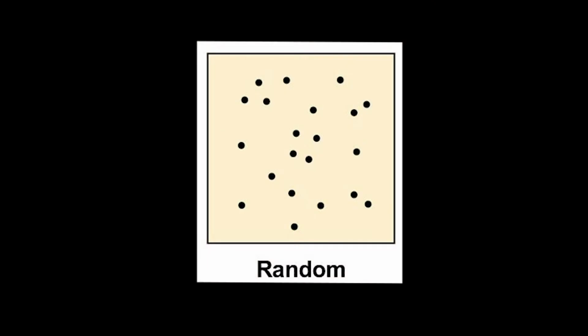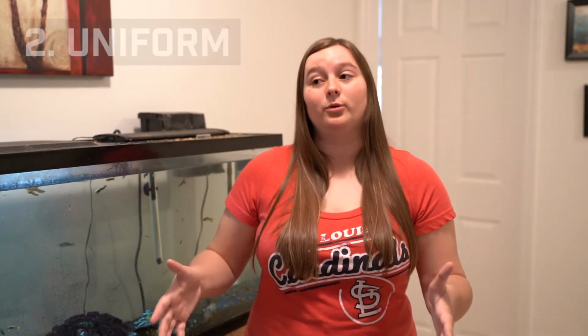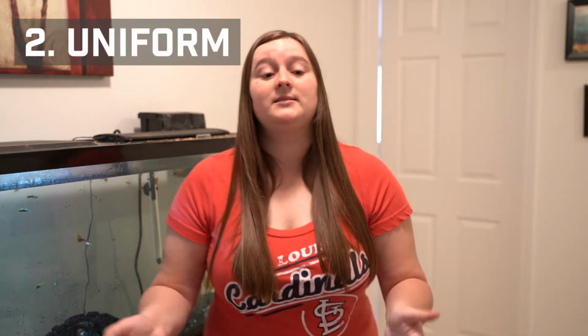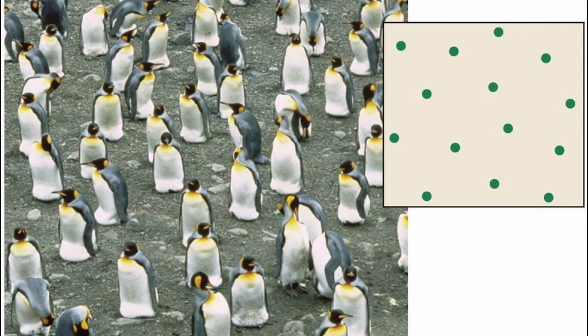I'll throw up a little picture right now of an example with just some dots of how that looks. The second type is uniform distribution. For example, penguins do this. They're distributed very evenly, they're organized, it's very uniform. I'll throw up a picture of that one as well.